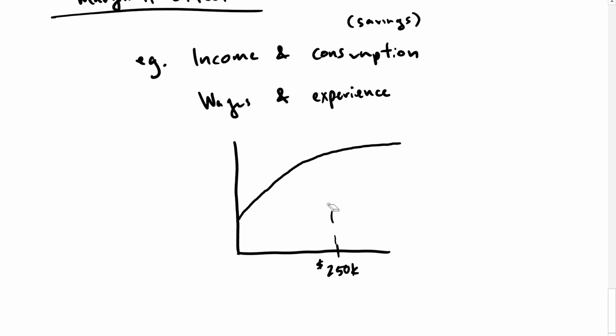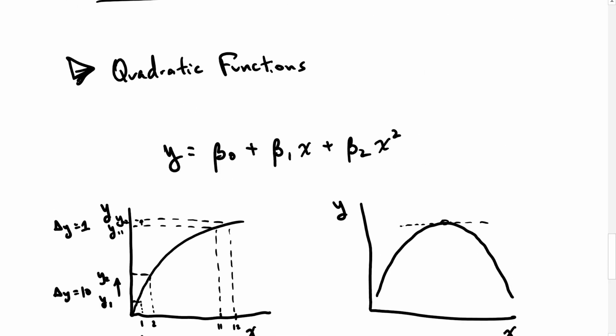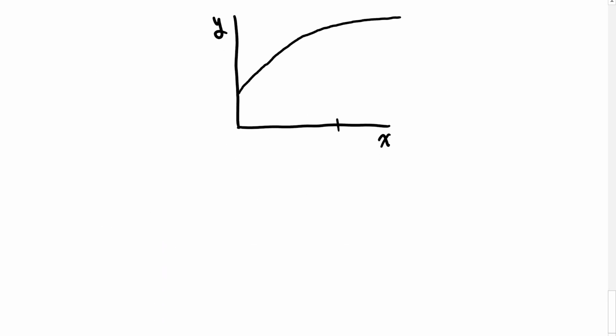So consumption is going to increase a lot at lower levels of income, but it's going to slow down at higher levels of income. So anytime you're modeling some economic phenomenon where diminishing marginal effects may exist, you're going to want to add a quadratic effect into your model.